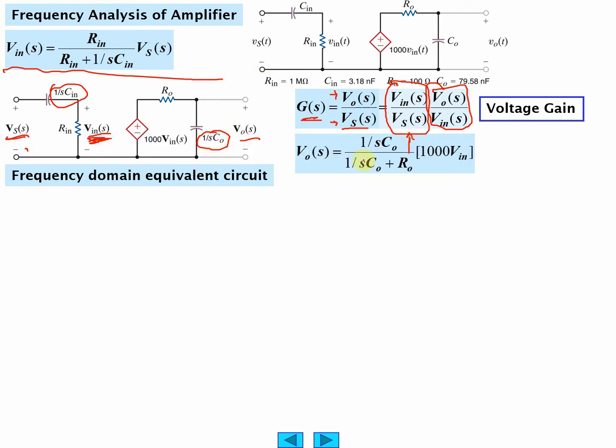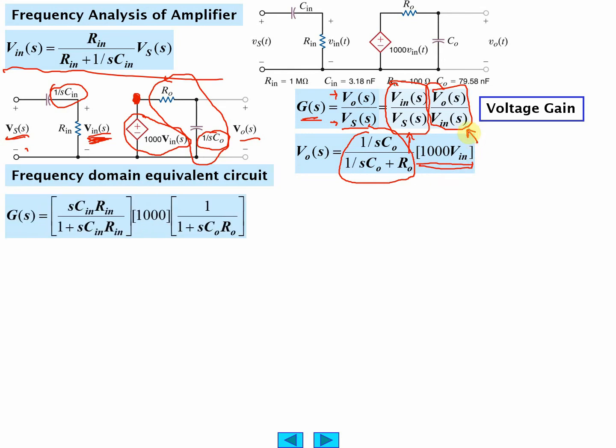And V out, now we can use this. This becomes the voltage that's supplied to this node right here. And then this part here is the voltage divider equation for this part of the circuit, times the voltage at that node. So we can get the second part of that gain equation and write it down.